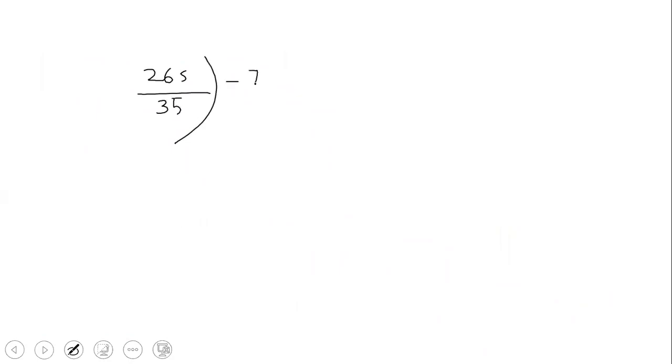Putting minus 7s square plus 1 inside. We continue doing the same thing. We divide this and we get minus, tell me how much you get. You get a big number here. Multiply 35 into 7 upon 26. 35 into 7, how much is it in your calculator?